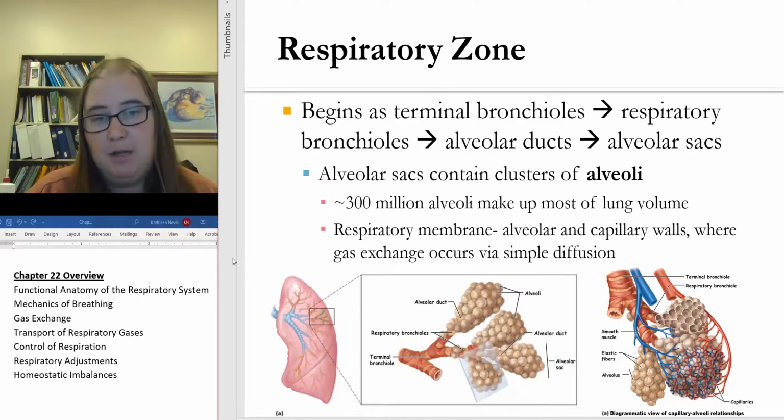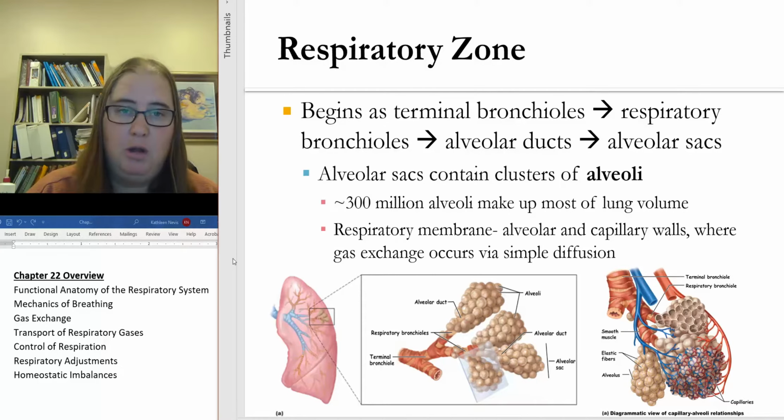As this comes down, it's going to branch into our respiratory bronchioles and then our alveolar ducts as well, and then our alveolar sacs. Now, these alveolar sacs you can think of as a bunch of grapes, okay? And each individual grape represents an alveolus. So we have about 300 million alveoli that make up most of our lung tissue or our lung volume, okay?